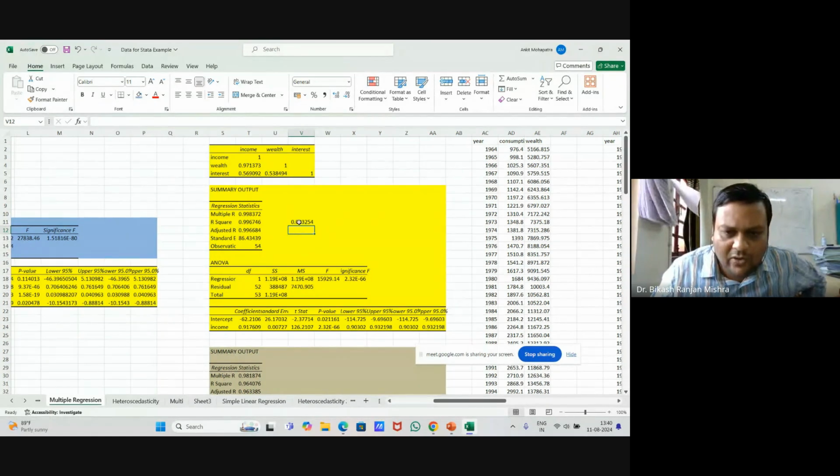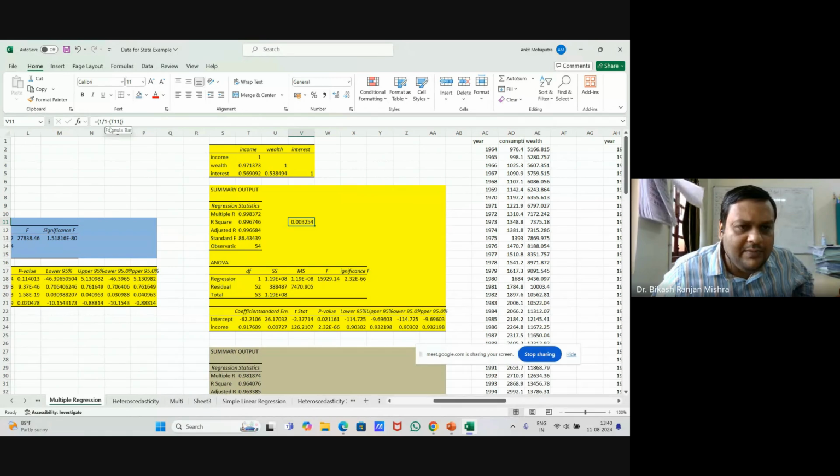So this is 0.003. I think there is some problem. 1 by 1 minus R square.